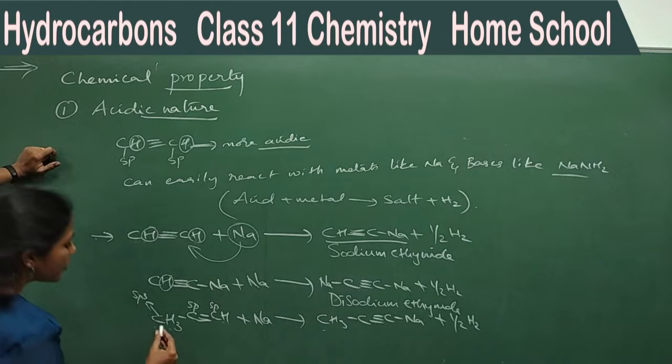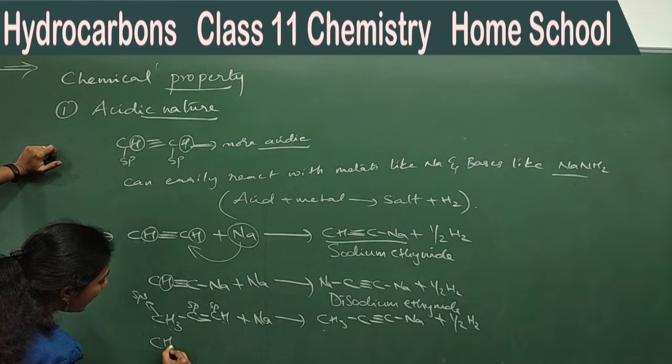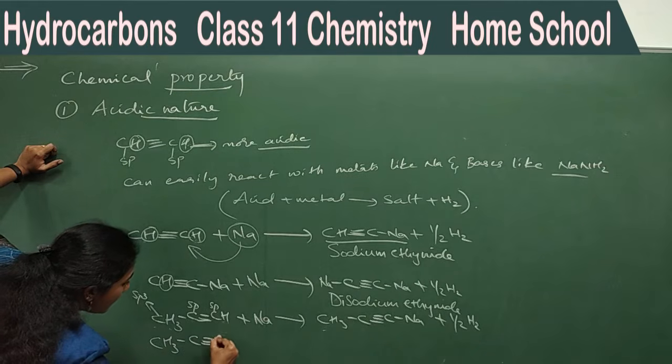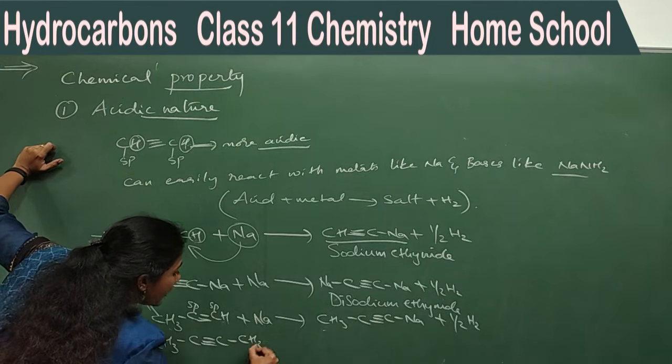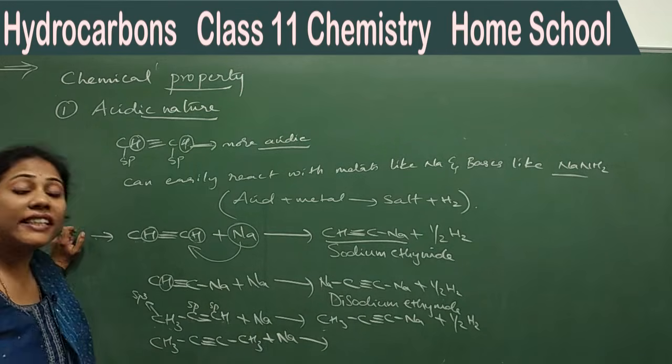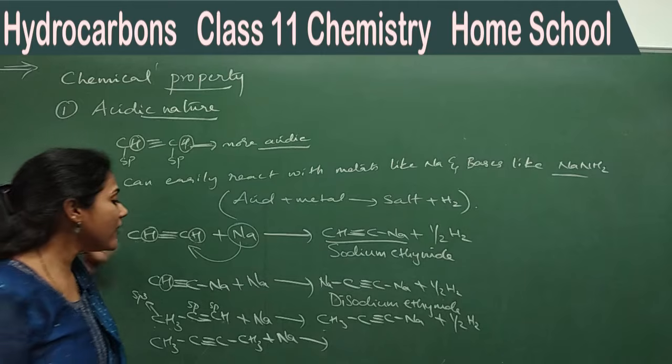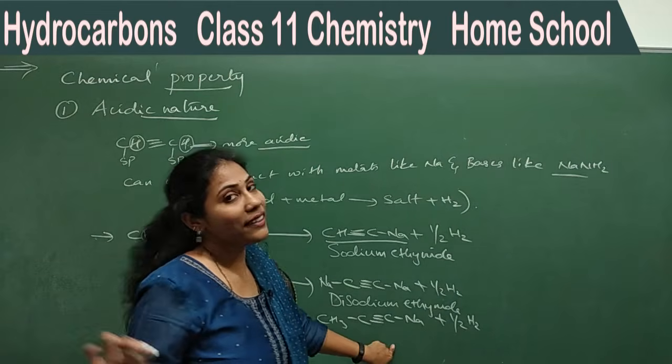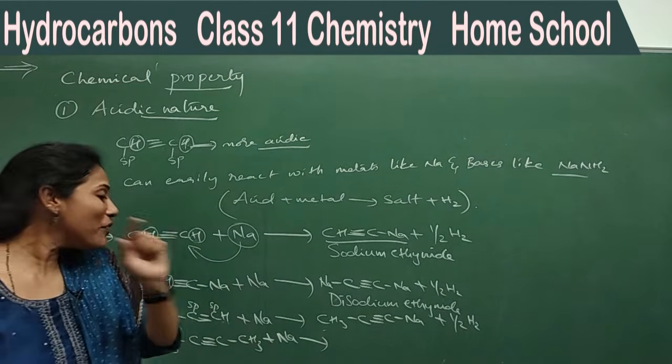Suppose, one more question. If I have an alkyne, something like this, CH3C≡CCH3. This one, if I treat it with sodium, can you tell me whether the reaction takes place or not? Can you tell me whether we get a salt here or not? Okay, I'll just give you a clue.